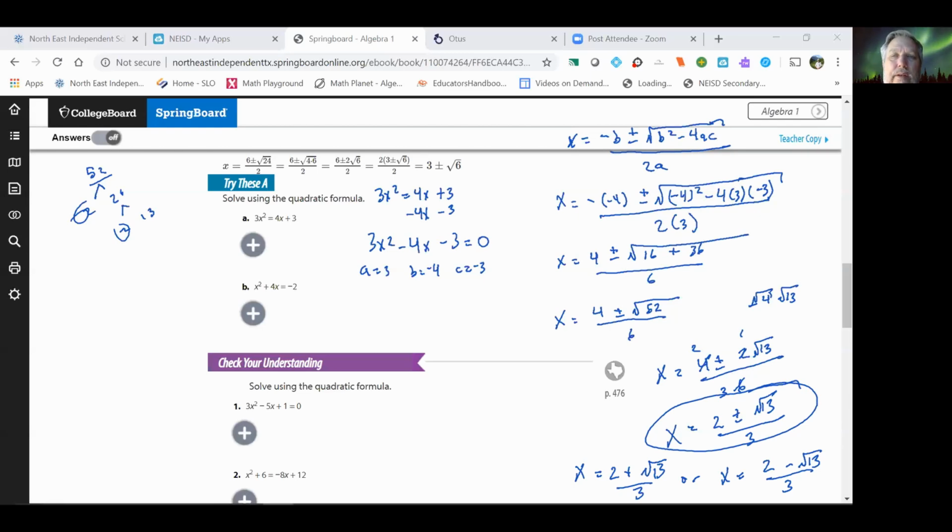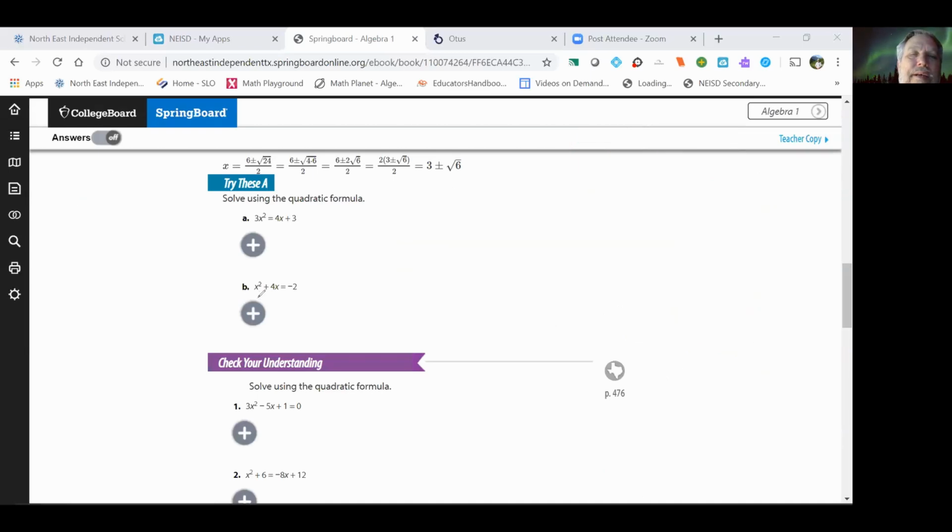All right, so let's go ahead and do B. So that's going to be x squared plus 4x equals negative 2. I'm going to get everything on one side, so it'll be x squared plus 4x plus 2, so I add 2 to both sides, equals 0.